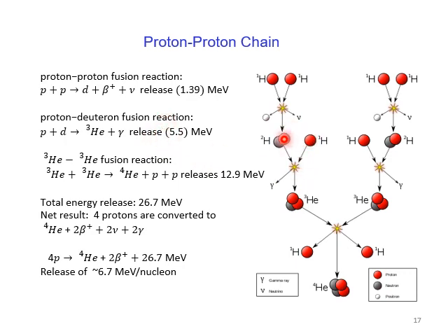Again, in order to get them to come together, I have to overcome a Coulomb barrier. So it's going to take energy from the surrounding plasma in order to do that. That is, these two things have to come in with sufficient kinetic energy to get close enough to one another and overcome the Coulomb barrier. If they do, that process releases 5.5 million electron volts, a lot of energy.